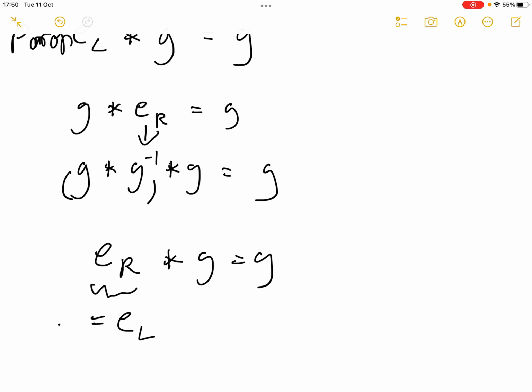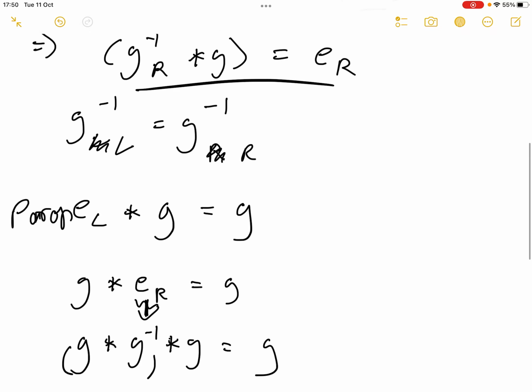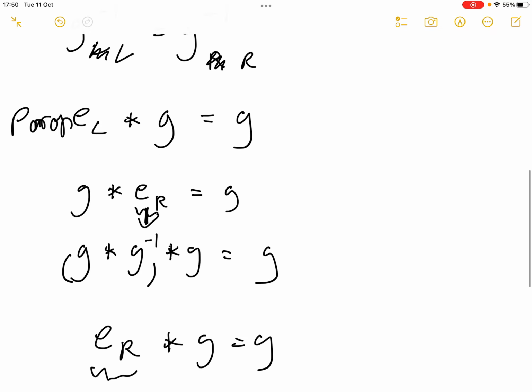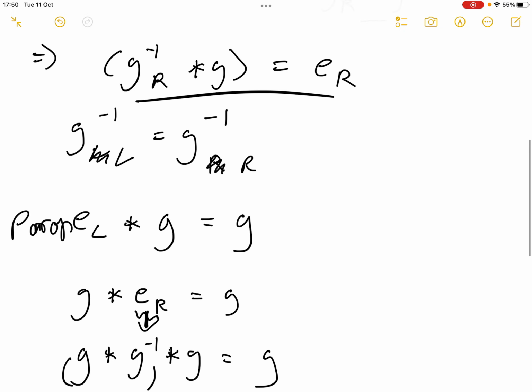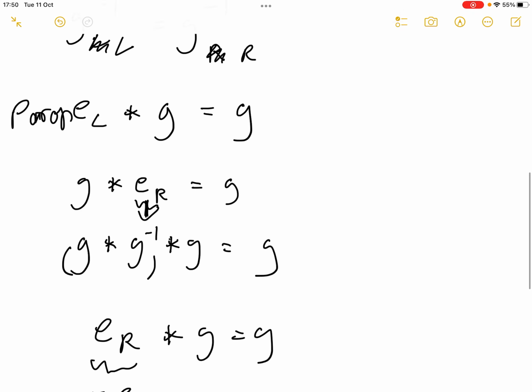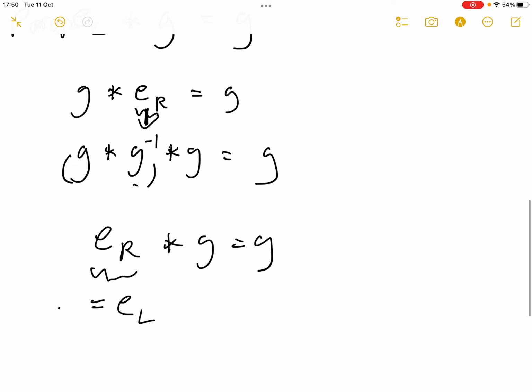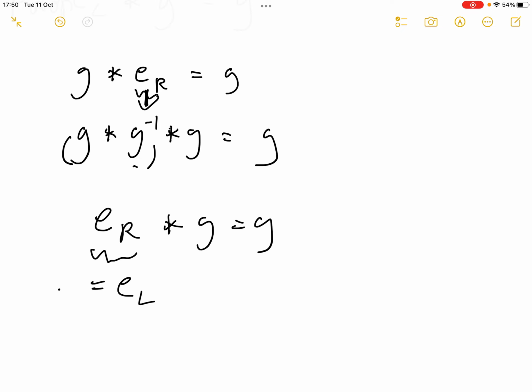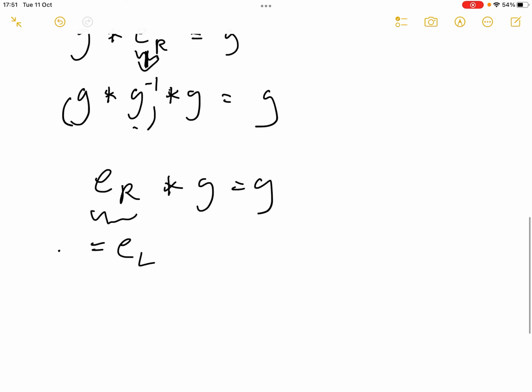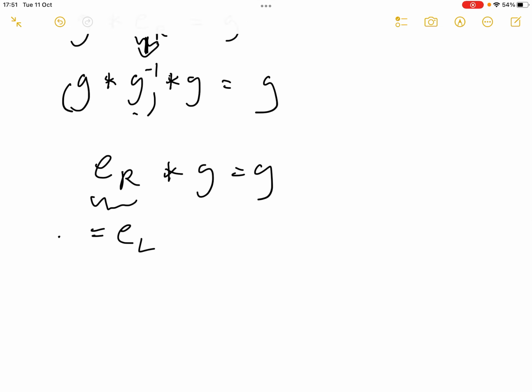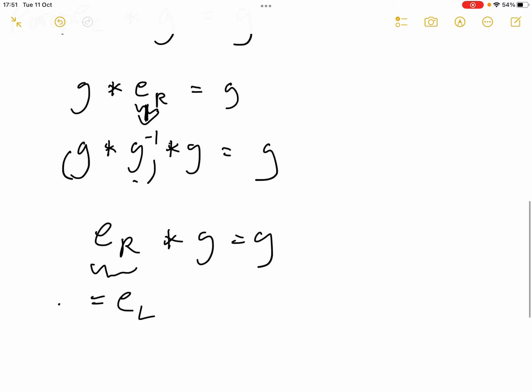What we did first is that we substituted E R with what we proved E R to be, which is G inverse, the right inverse, times G. But we know the right inverse and the left inverse are equal, which is what we proved before, so we can just put this in, and then we can use the associativity property to multiply in a different way, and then we can just show that E R is also a left identity, and we have what we wanted, which is the left identity.